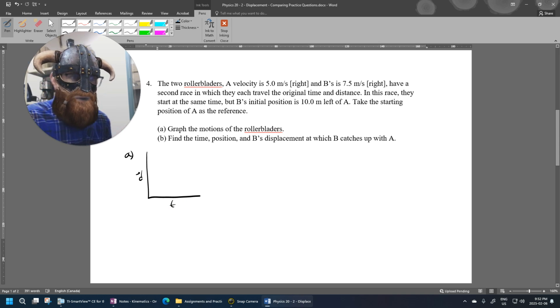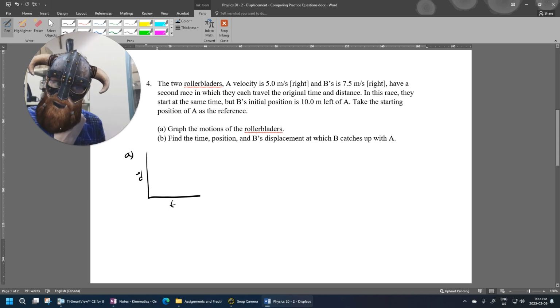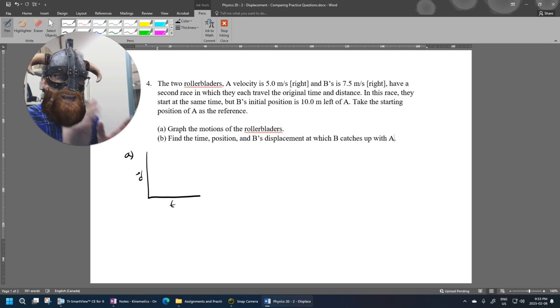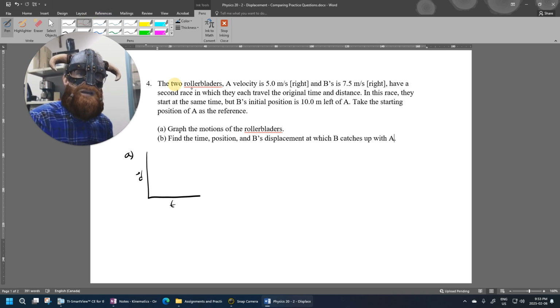And I'm going to mark some key points on it, some things that we know. So we have 2 rollerbladers. A's velocity is this, and B's velocity is this. So we've got A and B. I'm just going to say A is this red one, and B is this blue one here.